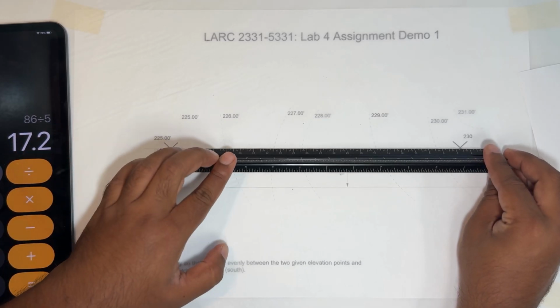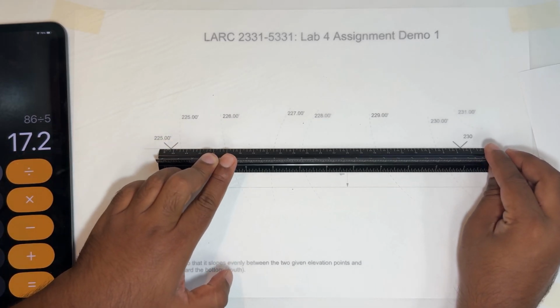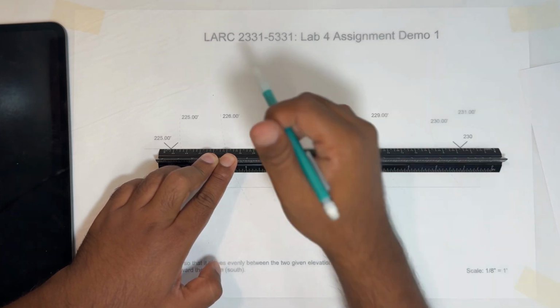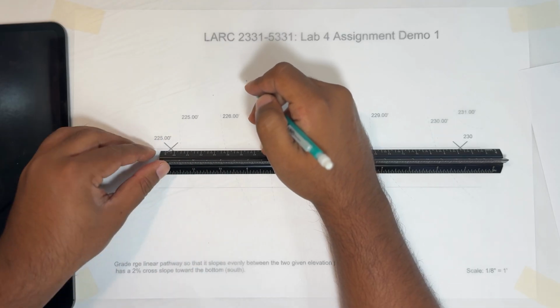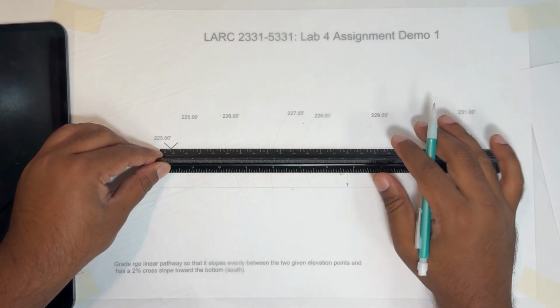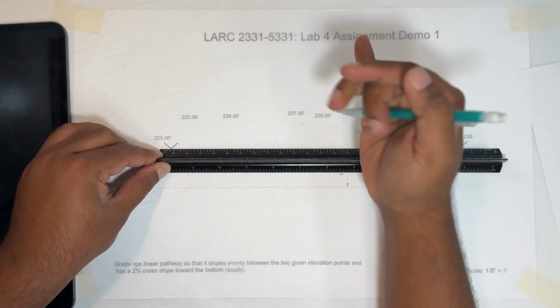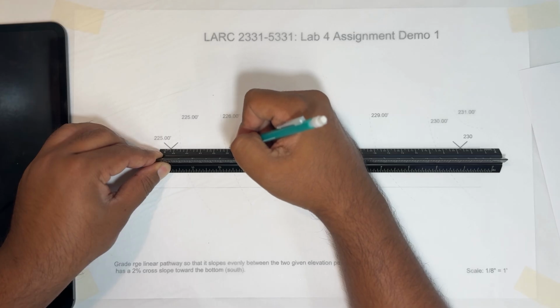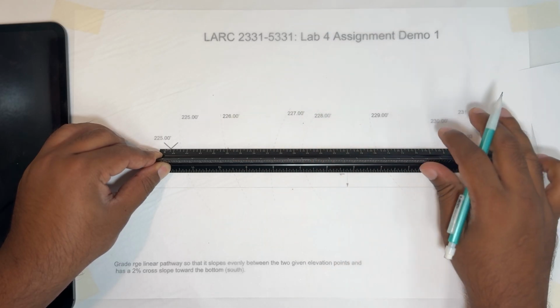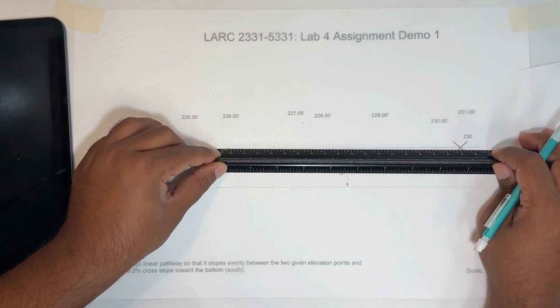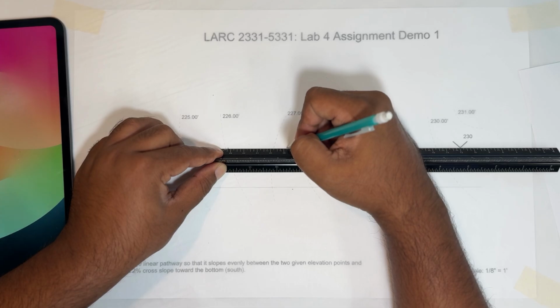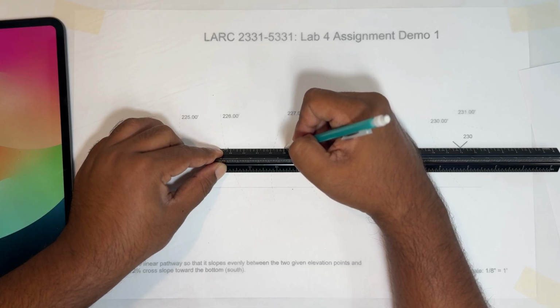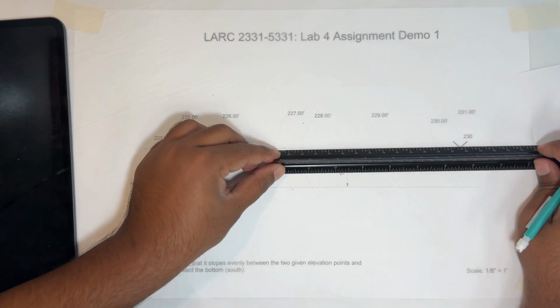17.2 right here. And then one more. One more.